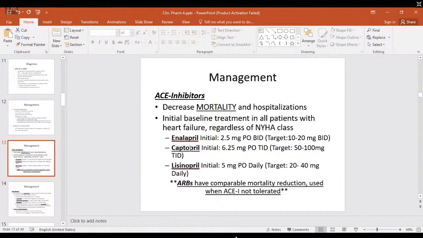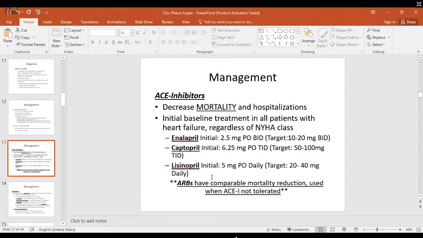Here and in Europe, also ramipril is another ACE inhibitor that is very, very commonly used, and also perindopril and lisinopril. The target dose of lisinopril is also around 20 milligrams twice daily, although it can go up to 40 milligrams per day. It's usually taken twice again, not only once.